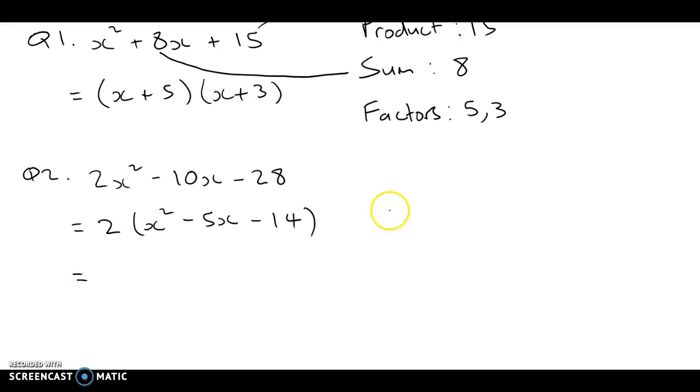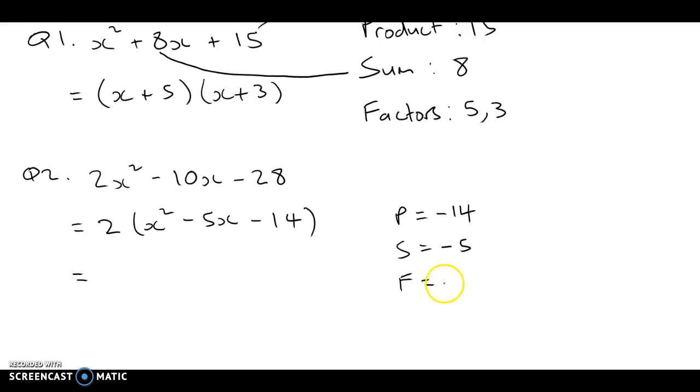Now we can go ahead and use our PSF method. We're looking for a product of negative 14, not just 14, it's negative 14 because that negative sign is attached to the 14. We're looking for a sum of, again, negative 5. So we're looking for two numbers that multiply to negative 14 and add to negative 5.